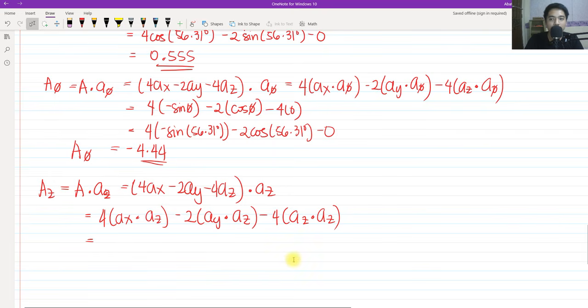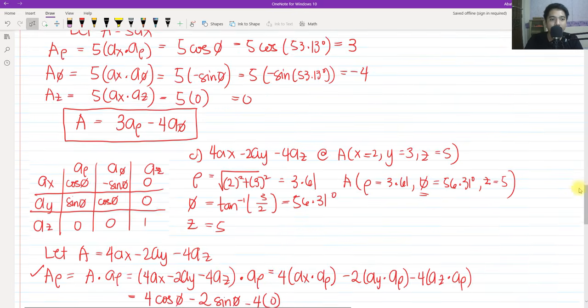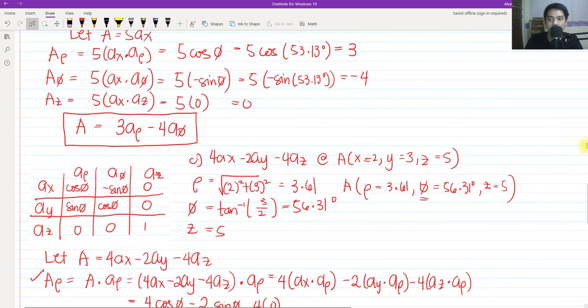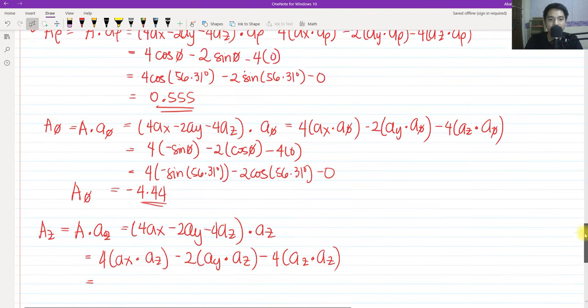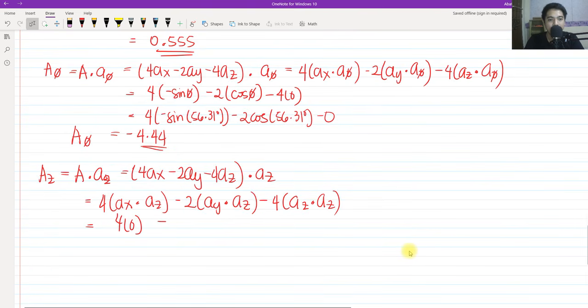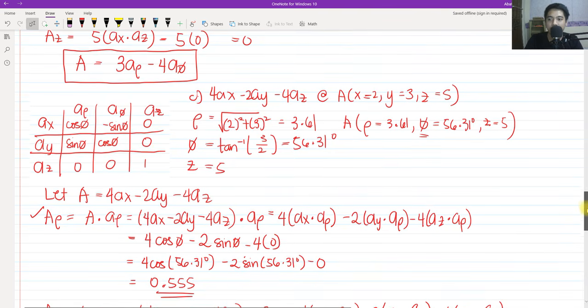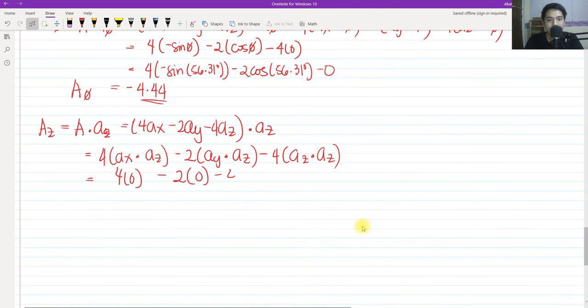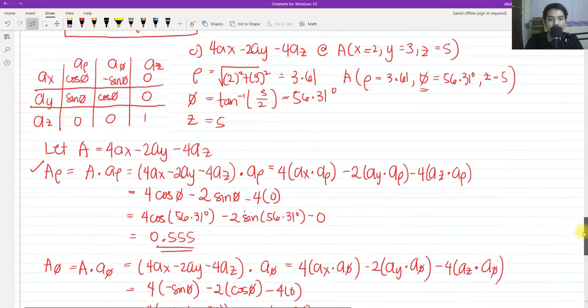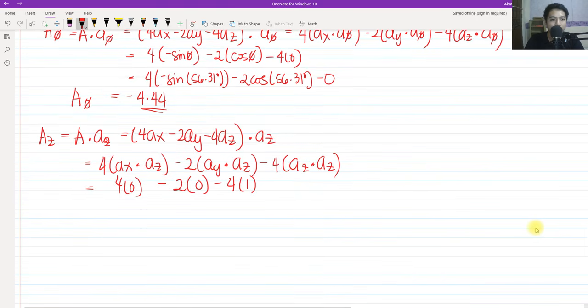So referring again to our table, a sub x dotted by a sub z would be 0. 4 times 0 minus 2 a sub y dotted by a sub z, which is 0 also. Minus 4 a sub z dotted by itself, and that product dotted by itself is 1. So 4 times 0 is 0, minus 2 times 0 is 0. So our A sub z would be negative 4.